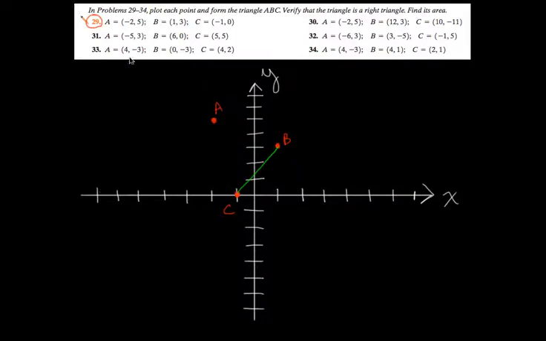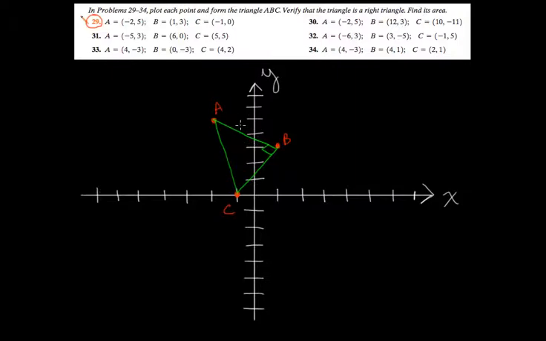Oh, that was really bad. If you tilt your head kinda to the left, you can see that this does indeed look like a right triangle. And this would be our right angle right here. So I'm just going to assume this is a right triangle. I'm not going to actually prove that it is.